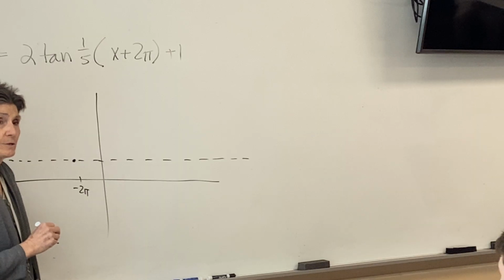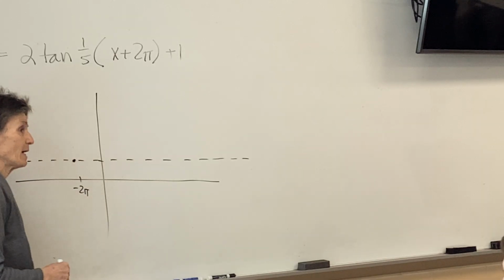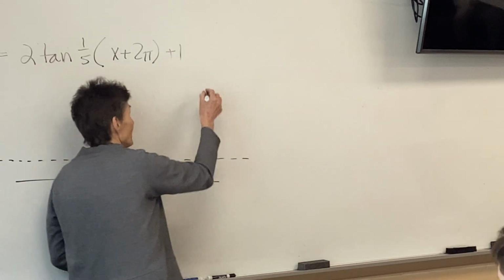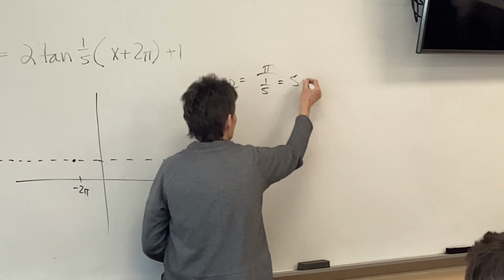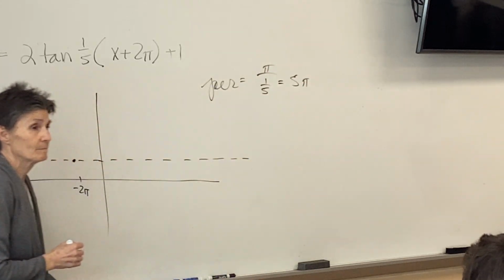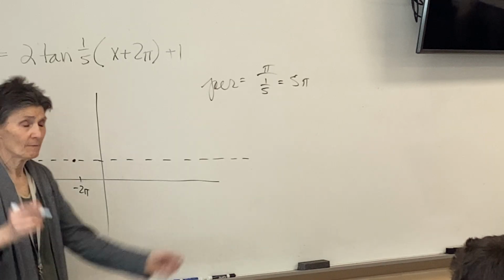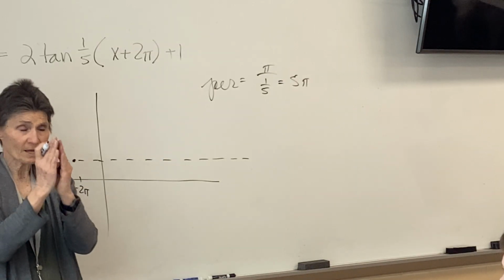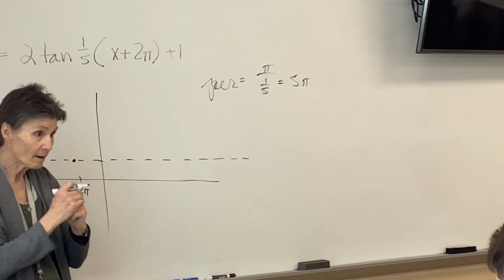How far apart are my asymptotes going to be? There's an asymptote on either side of that dot. How far apart will they be? 5 pi? Why are they going to be 5 pi apart? Because that's a period, and the period is pi divided by a fifth. Right? Now, if they're 5 pi apart, then how far are they from that dot right there? 2.5 pi.